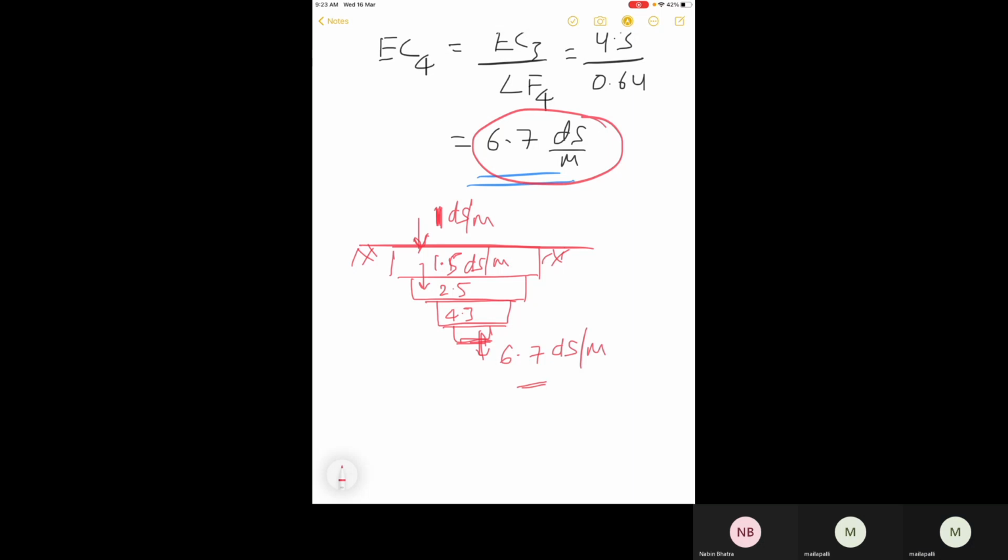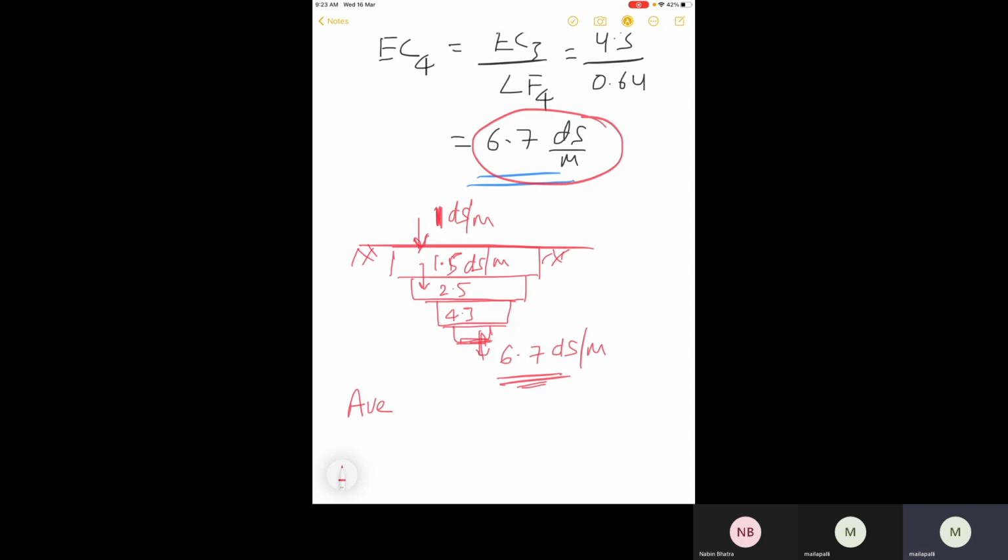Okay, so you can see how the salts are being accumulated from layer to layer, and finally at the last layer the concentration will be high.